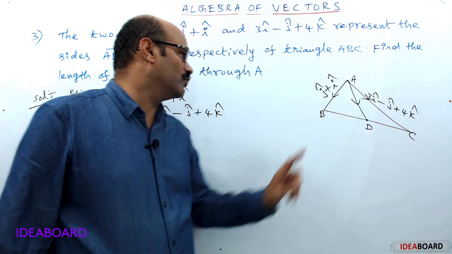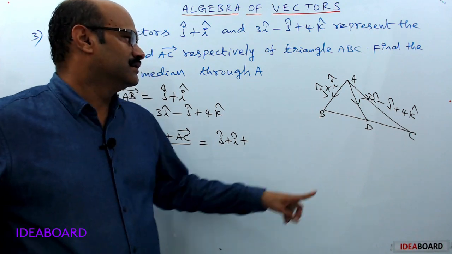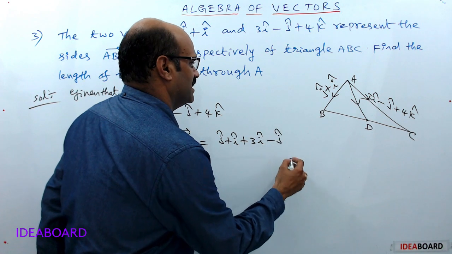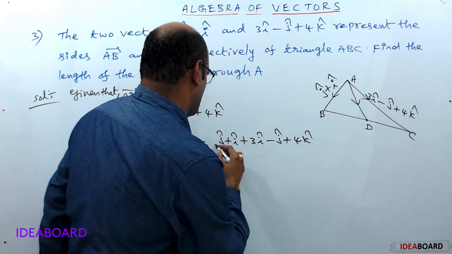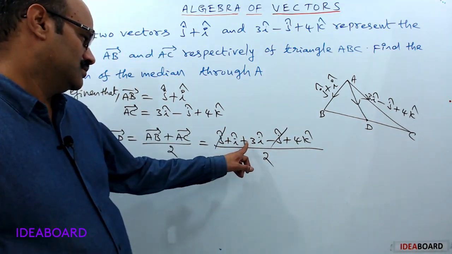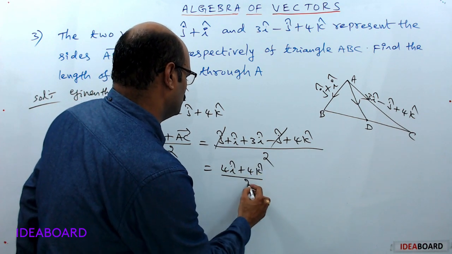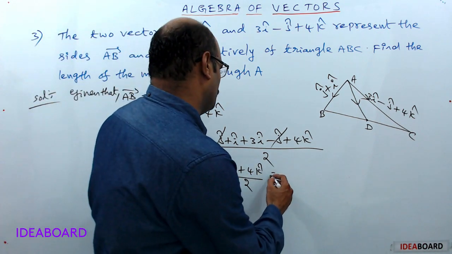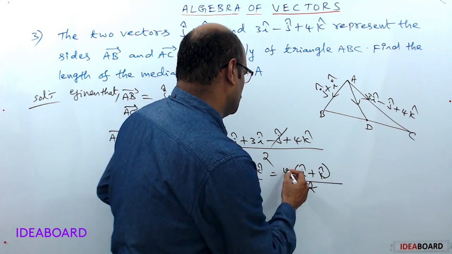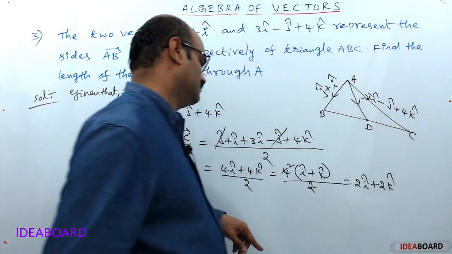So here AB vector equal to j cap plus i cap plus AC vector equal to 3i cap minus j cap plus 4k cap, upon 2. So j cap minus j cap 0. So here we have 4i cap plus 4k cap upon 2 equal to 4 common, i cap plus k cap, 2 2's, so equal to 2i cap plus 2k cap.